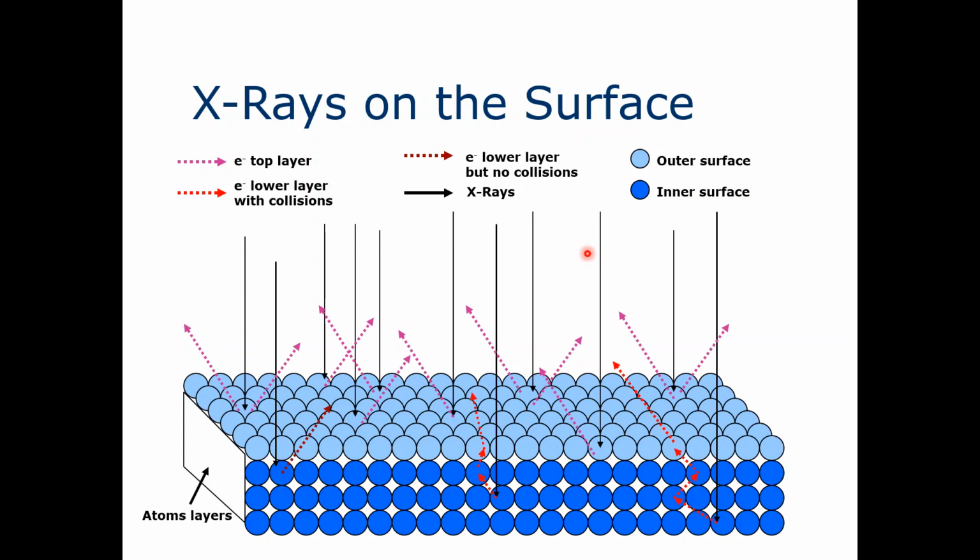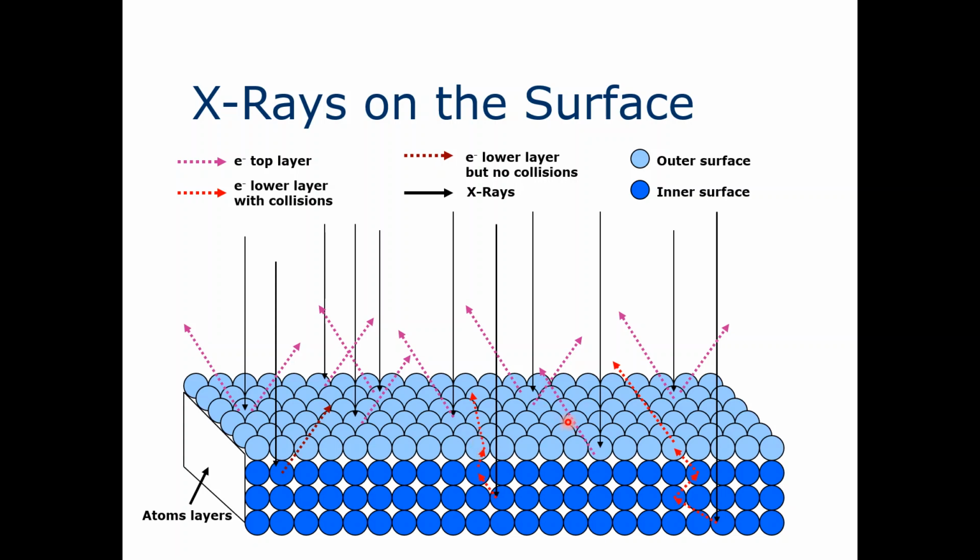When the X-ray interacts with the topmost layer of the atom, you can see we have different colors. These colors represent the electrons of the top layers, and the red represents the electrons of the lower layers, with collisions.